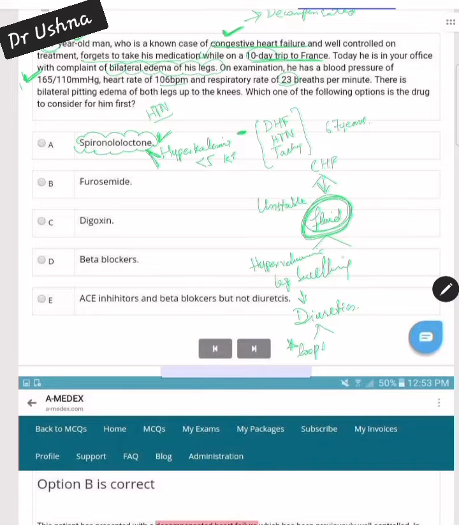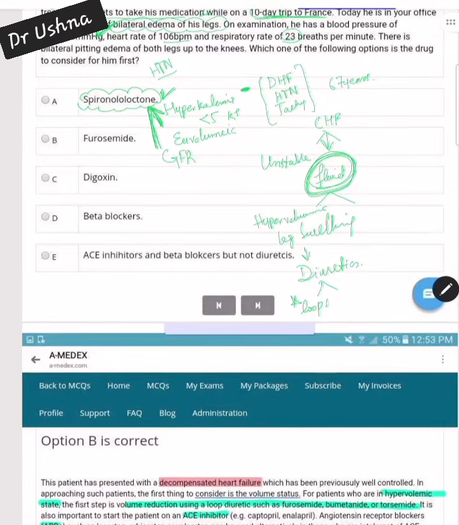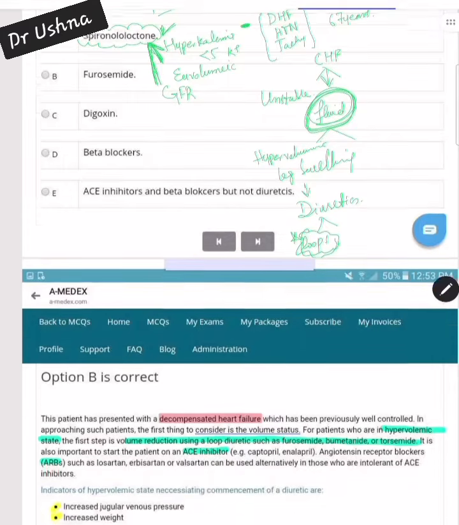Second, the patient should be euvolemic. This patient is hypervolemic because of bilateral leg swelling, so this option is not good for us. Third, look at the GFR, because spironolactone is not given in kidney failure patients. So definitely our treatment is going to start with loop diuretics.